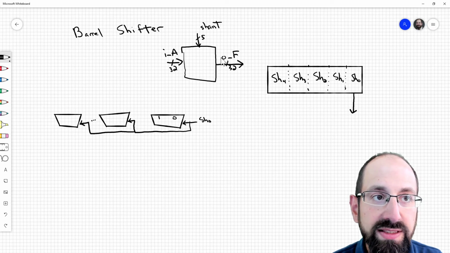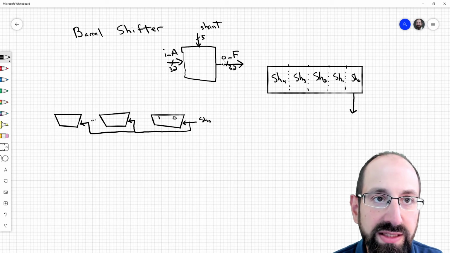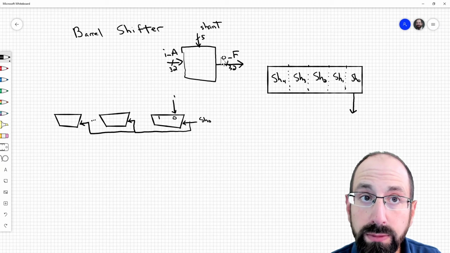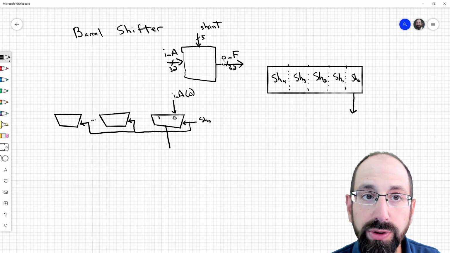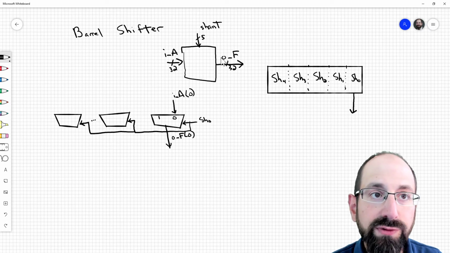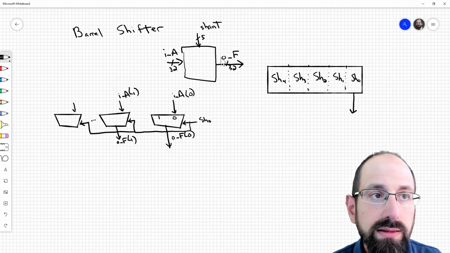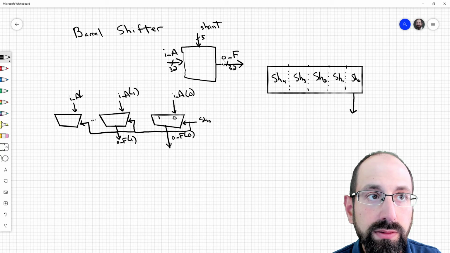Let's do the ellipses here to indicate that that would be bit 31. This is bit 0 and bit 1, in which if we don't want to shift at all, then we would just be able to take that input directly and connect that to become our output. Likewise, for the next bit, for bit I underscore A of 1, if the shift amount is 0, we would want that to become our output bit for F. And then finally, dot, dot, dot for our most significant bit.